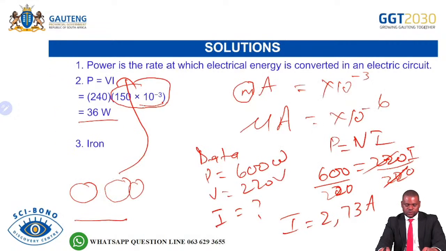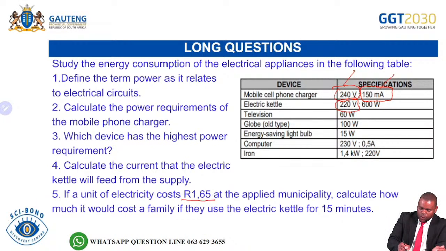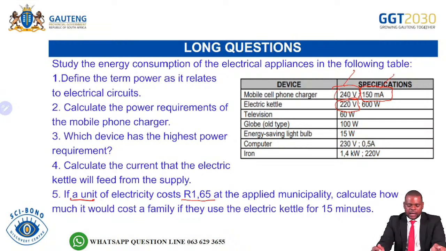Okay. Now let's go back to the last question that says, if a unit of electricity costs, that means 1 unit is how much? It is 1 rand 65 cents at an applied municipality. Calculate how much it will cost a family if they use the electric kettle for 15 minutes.